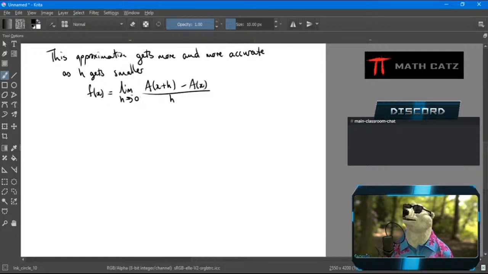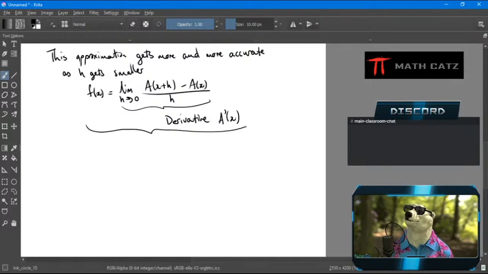Now, what does this remind you of? This is the limit definition of the derivative of the function in question, in this case, A. So what does that mean? That means that my area function has f of x as the derivative.